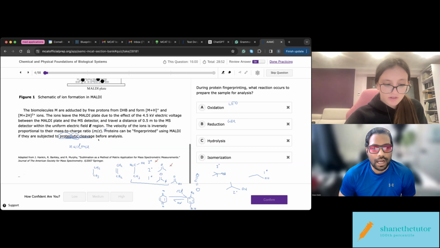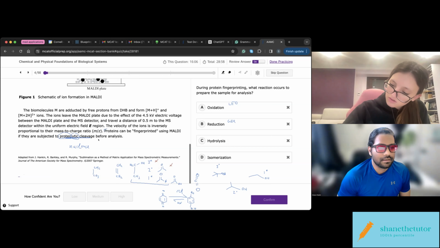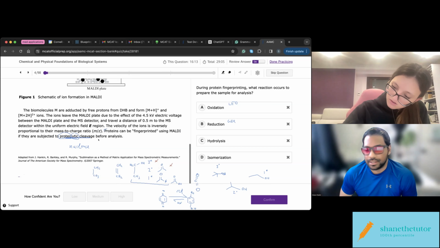Oxidation reduction could involve breaking bonds and making bonds, but it's not like it's breaking a bond between two amino acids or two sugars or two fats or something like that.